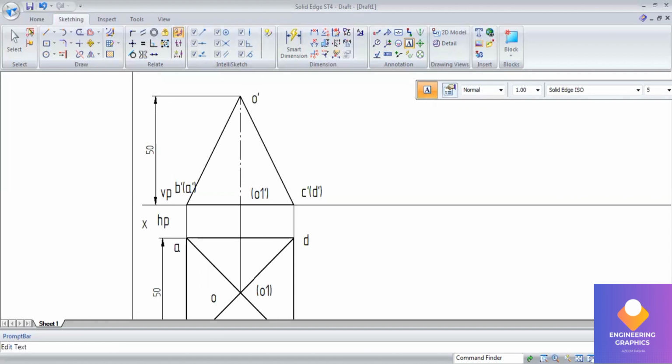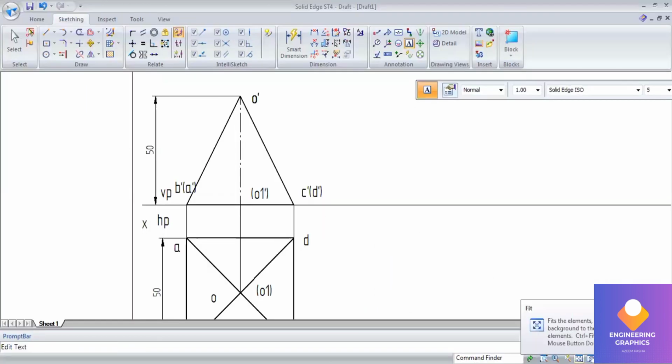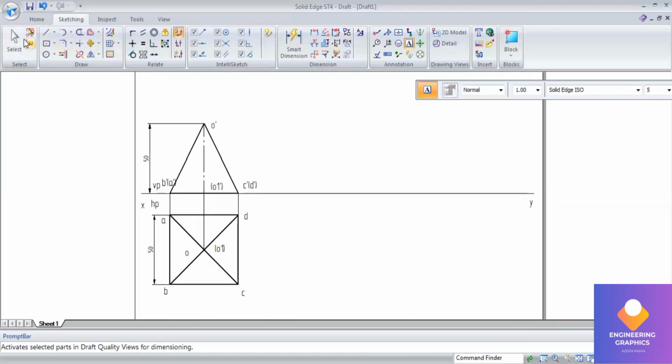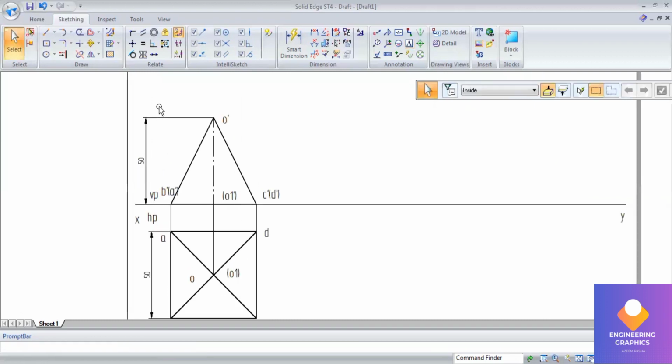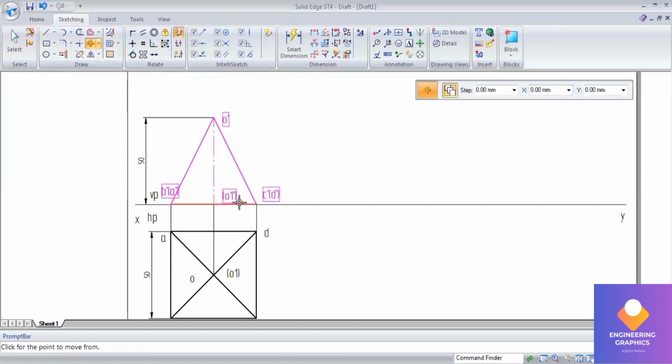Okay. Now with respect to the slant triangular face, we have to make sure it is resting on the HP. Means we have to take this slant triangular face C dash, D dash, O dash and rest it on the XY line. So go to move command, create a copy of it, slide along the line.